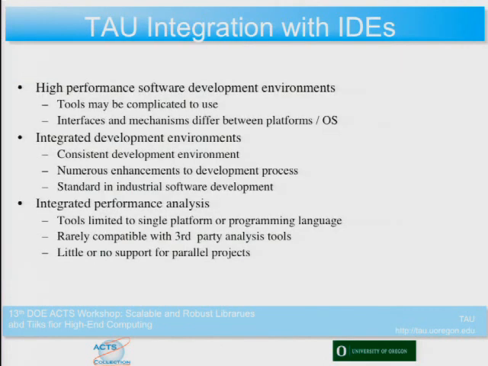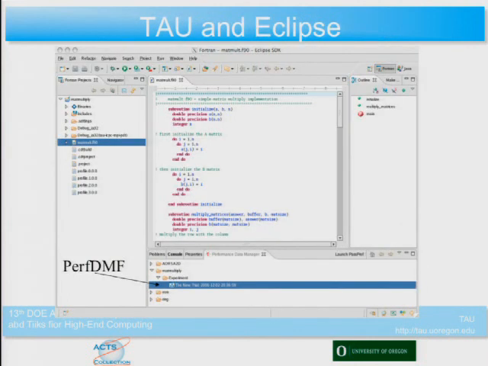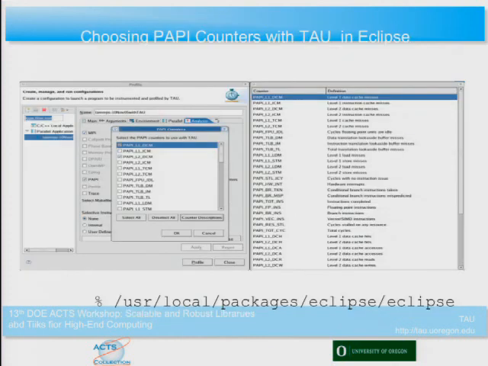Now all the things I showed over here on the command line can also be done within Eclipse, within the integrated development environment where you don't need to remember all of these things. You can just see the source code, you can look at the database, you can launch the tools, all within a nice GUI environment. You can even select the hardware performance counters by just clicking on them and launching the jobs.